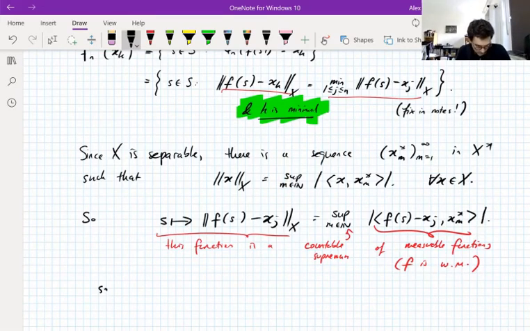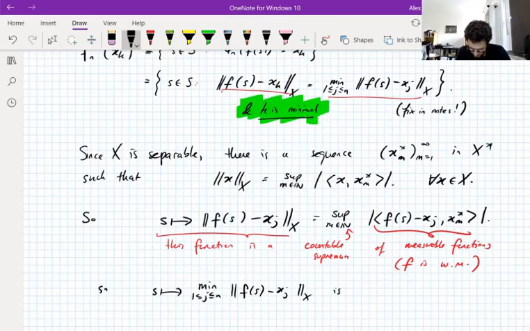So in particular, the function that takes the minimum over j of these quantities is also measurable, because it's just a finite minimum of measurable functions.